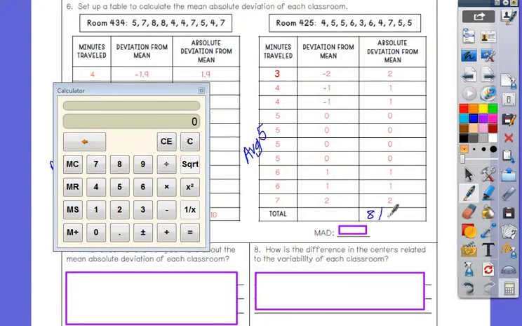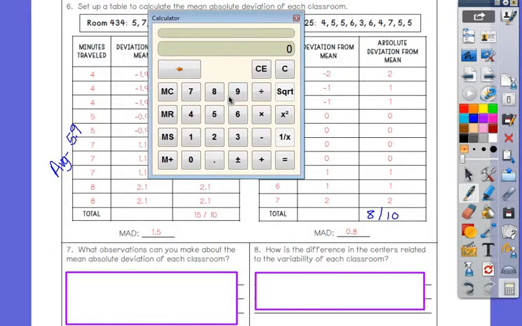And 8 has to be divided by these 10 numbers to get my MAD score, or my mean absolute deviation. So 8 divided by 10 then gives me 0.8 for my MAD score.